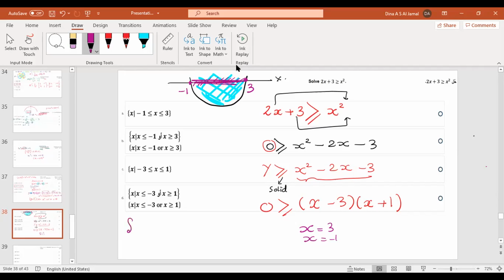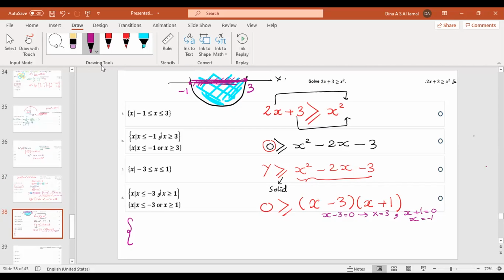That means let me open now my solution set. With this, by equating them to 0, I can know what are the exact roots. I will be putting them for you here so I can have a place to write.